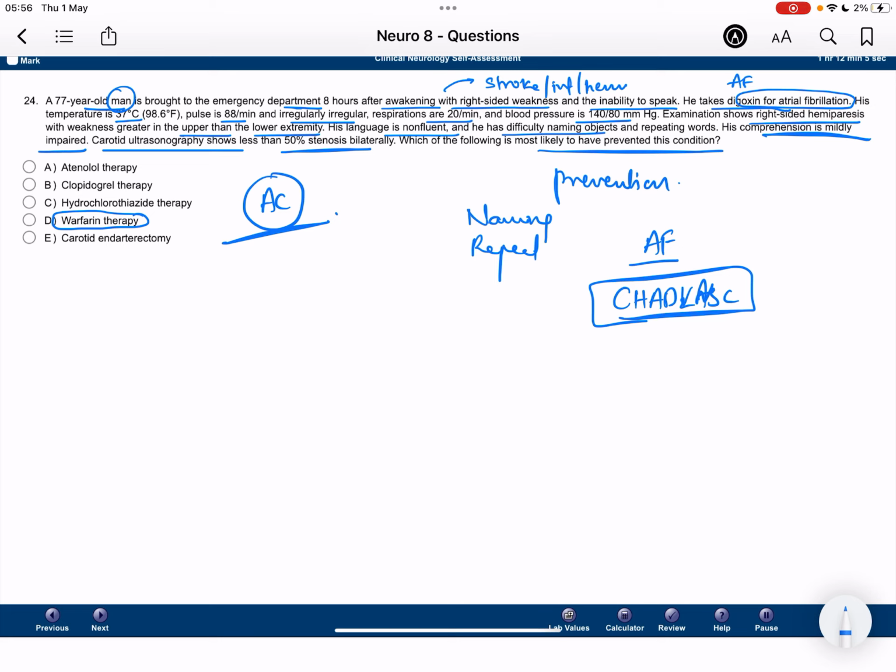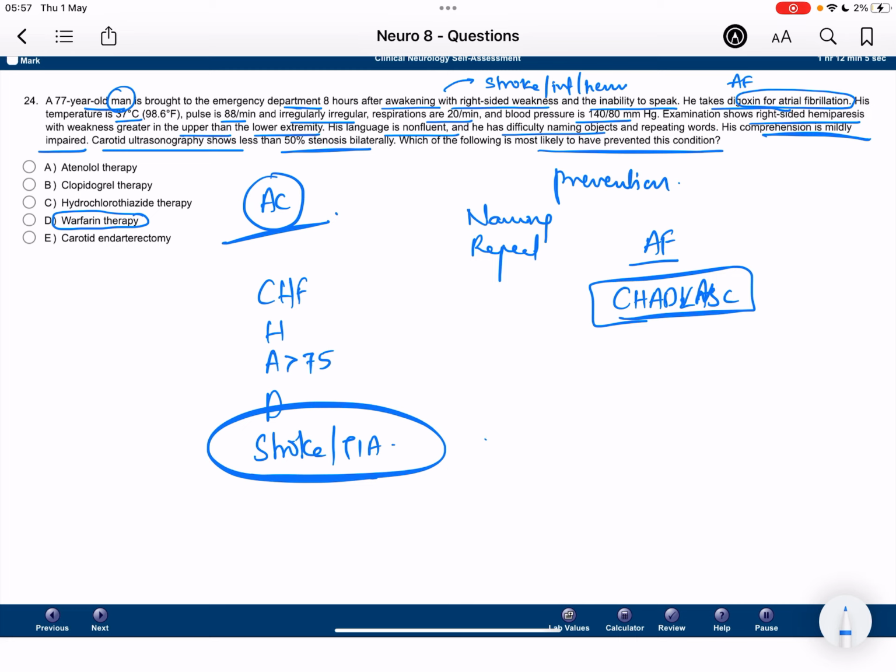The most important being congestive heart failure, hypertension, age more than 75, diabetes, stroke or TIA, which carries most of the important points, that is 2 points, and VASc is vascular disease, which carries 1 point. A is age 65 to 74 and sex female, which carries 1 point.